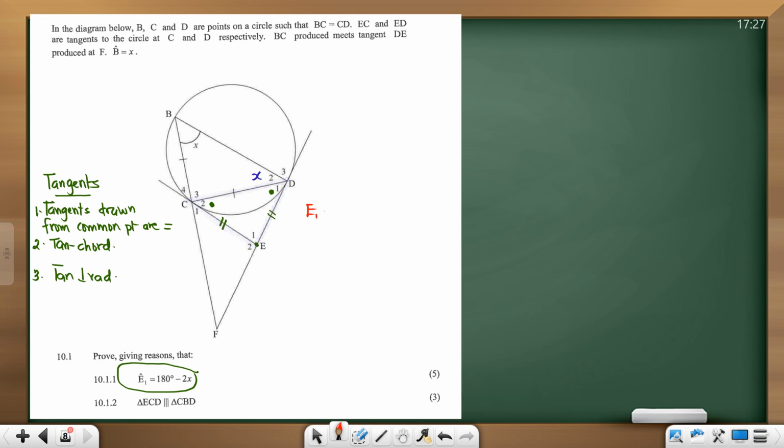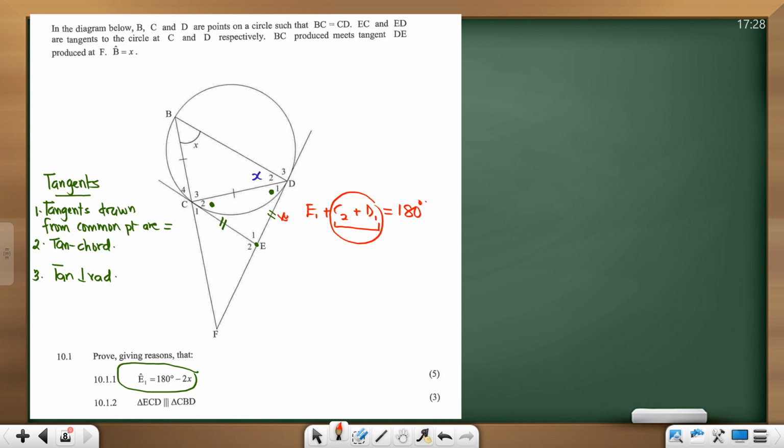Do you notice E1 plus C2 plus D1? You got to be smart. That's a triangle. I know that these two are now equal. All I need to do is to find them. Can C2 be equal to X? Can D1 be equal to X? Let's see.